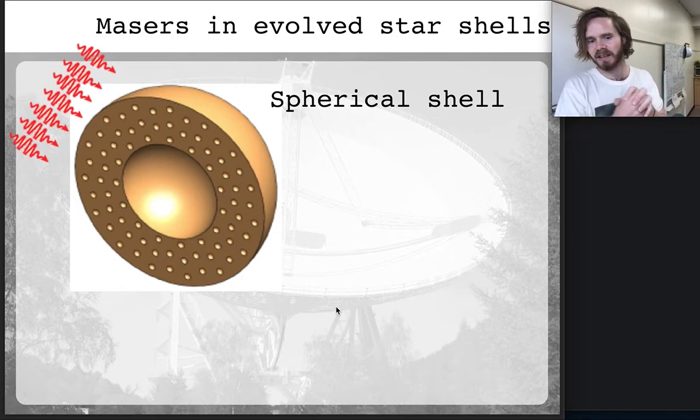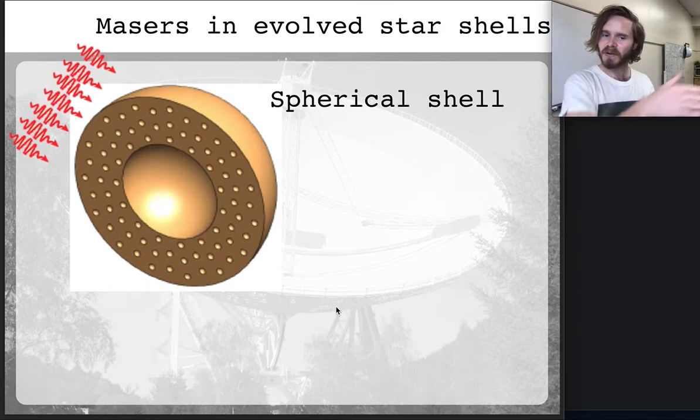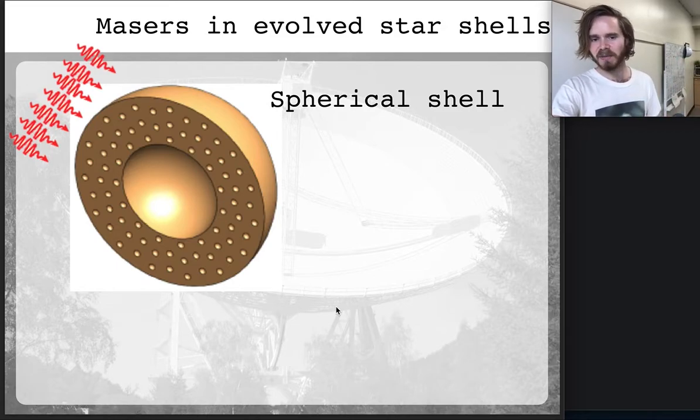It's hollow on the inside, empty on the outside, and it's just got this shell. And you've got some seed photons coming in, and they're going to interact with the maser cloud molecules in this spherical shell.